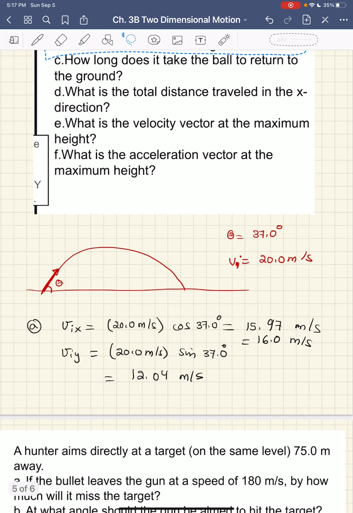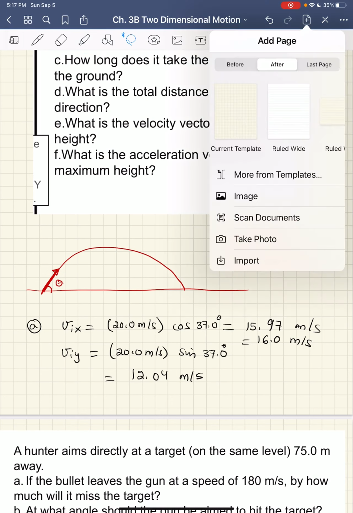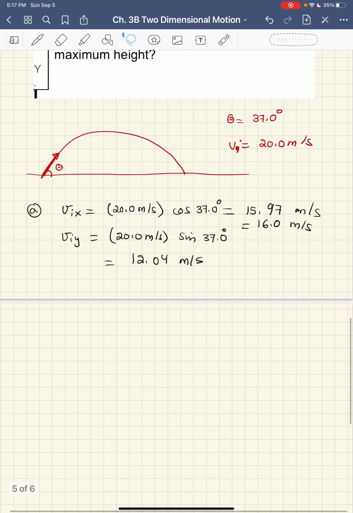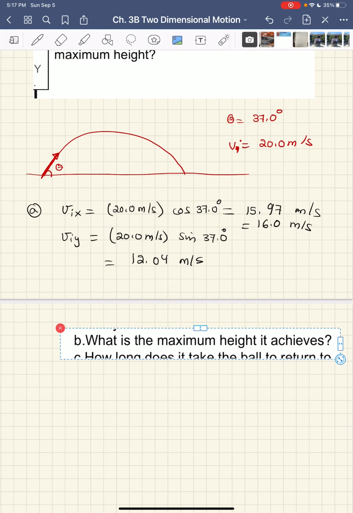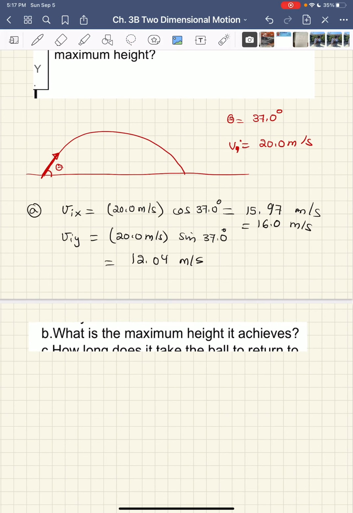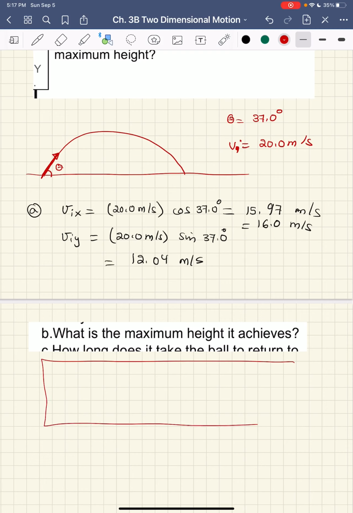I need to have more space here. Okay, then what is the maximum height it achieves? Now, something that you need to know always when we are going to ask about the maximum height is that this quantity is known.